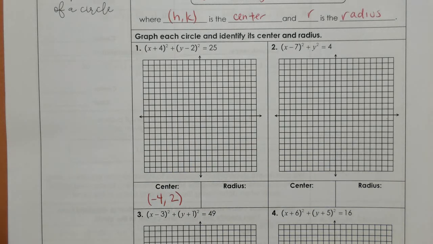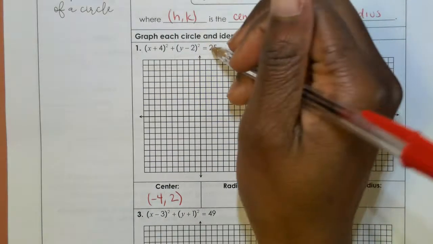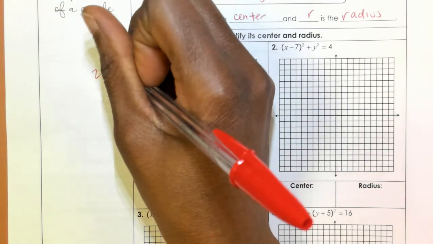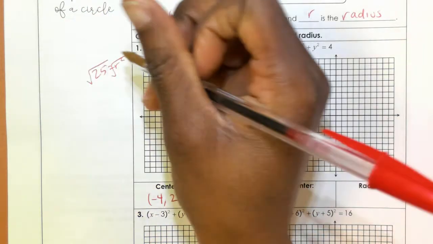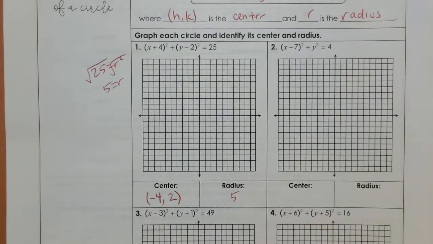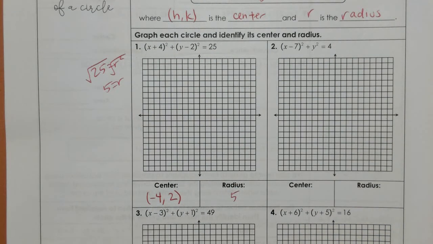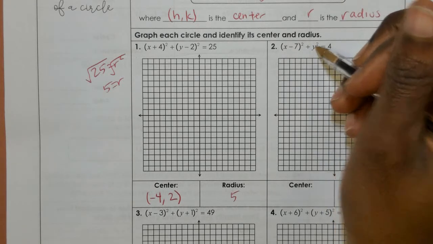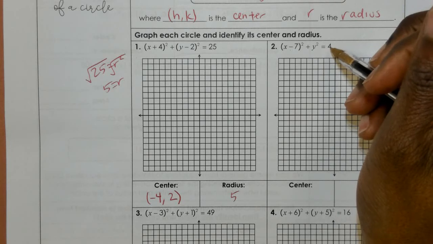And then the radius, this is the radius squared because this is c squared of the formula essentially. To get the radius, you would take the square root of both sides, so r is equal to 5. Okay. So again, just to get the center and the radius, you just change the sign, square root.